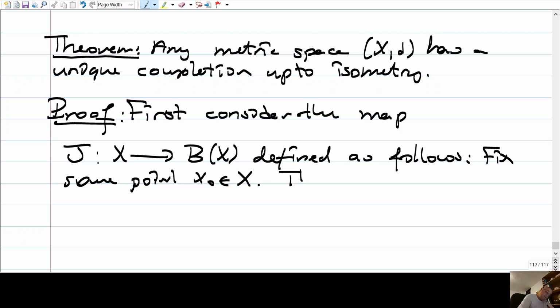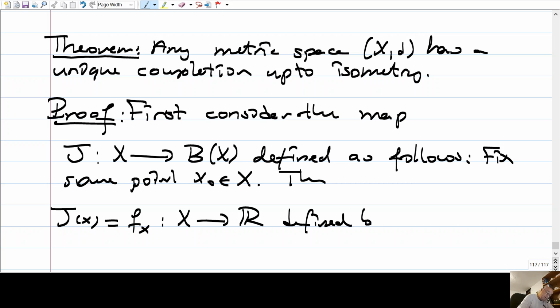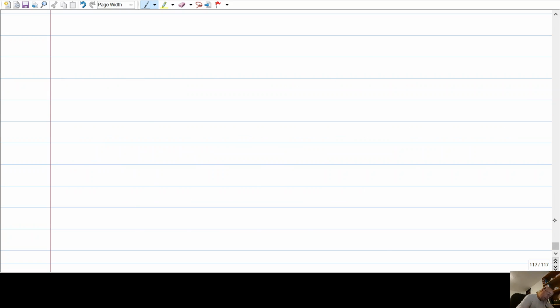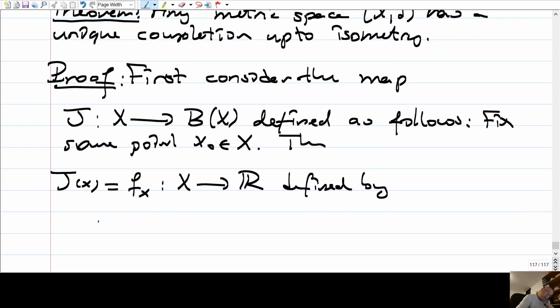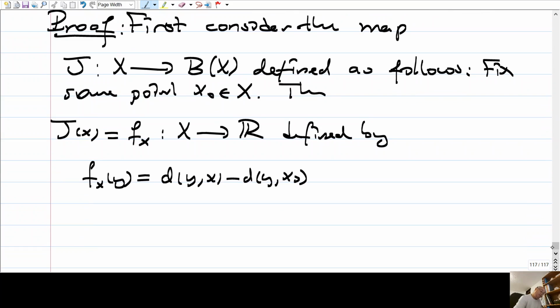Then J of x, we will denote it like this, is a function from X to R defined by, so I have to tell you what is the value of f of x. F of x at any point y is just the following: distance from x to y minus the distance from y to x0. So what is this function?